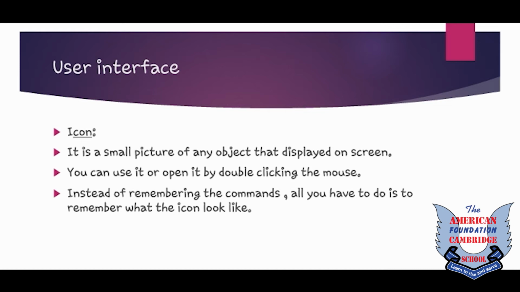In a command line user interface, you need to type the command if you want to open any program, but icons provide us a facility so that we don't need to learn the command. We just need to remember the picture of the icon, and we will double click on that picture, and the program or the software, whatever you want to open on your computer, will open.